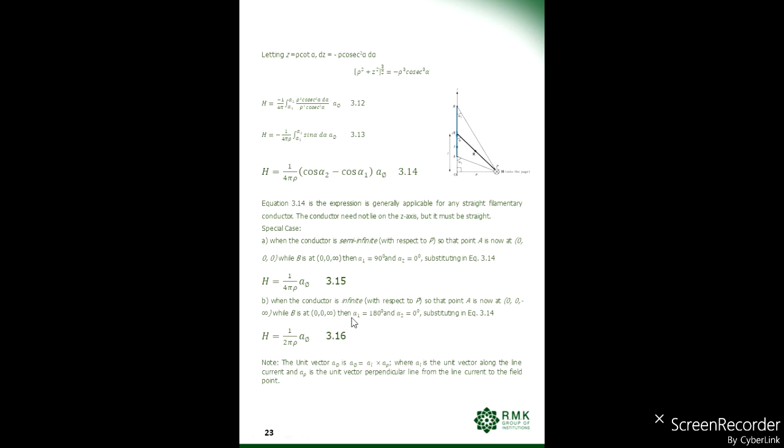If we substitute these in equation 3.14, we get the magnetic field H bar equal to 1 by 2 pi rho in terms of A phi cap for the infinite line conductor. Now this is the method of calculating the magnetic field intensity due to a finite line and an infinite line.